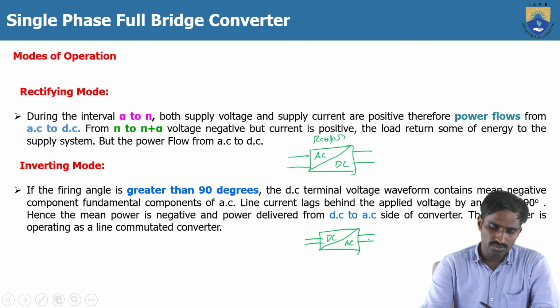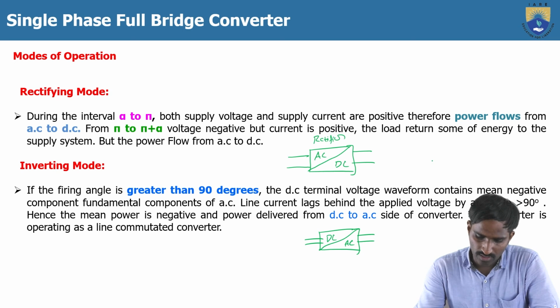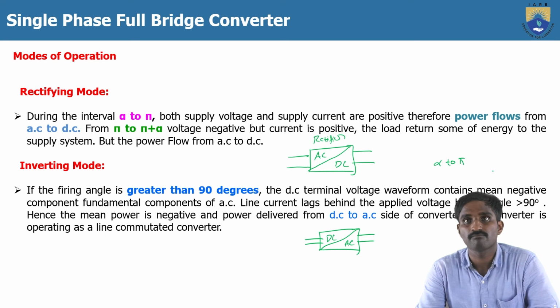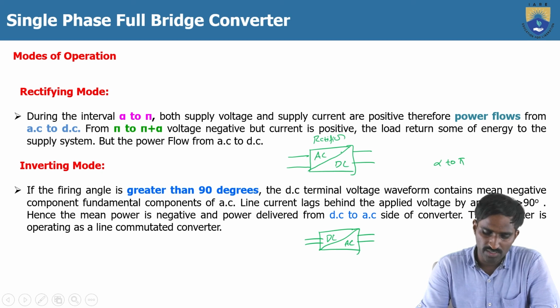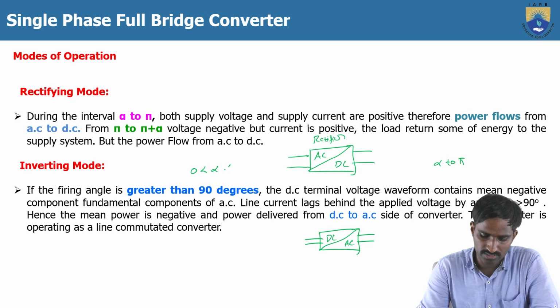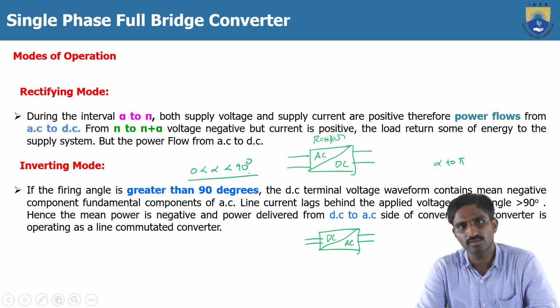So when alpha is from 0 to pi, the converter will act as a rectifier, which means in between 0 and 90 degrees for alpha, during this period both voltage and current are positive.